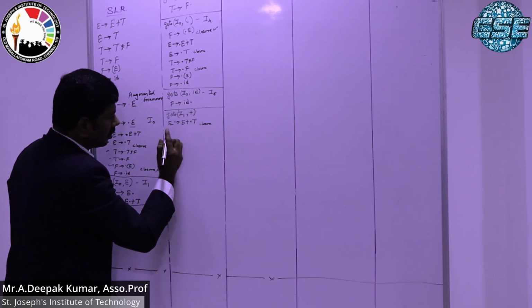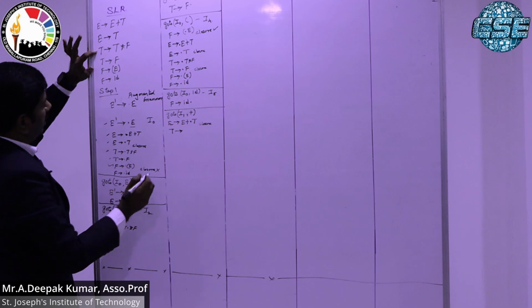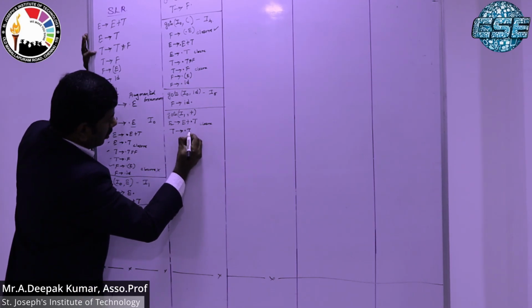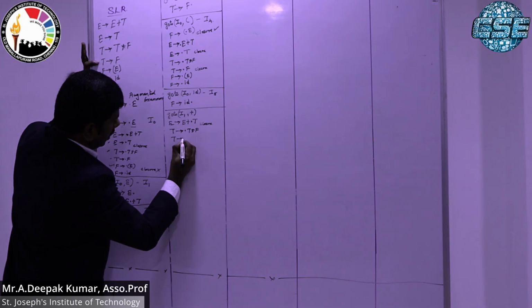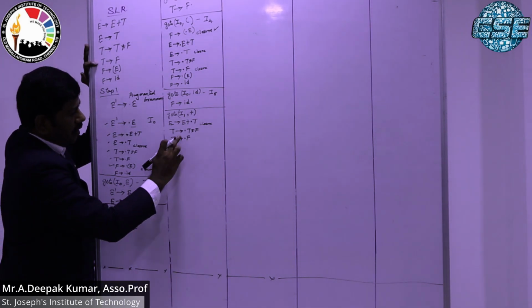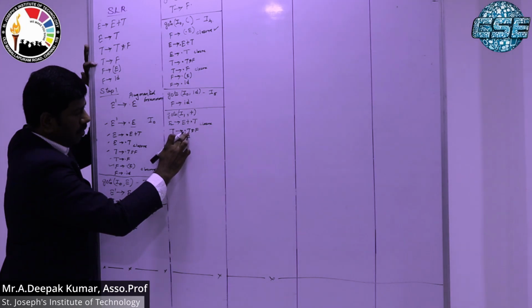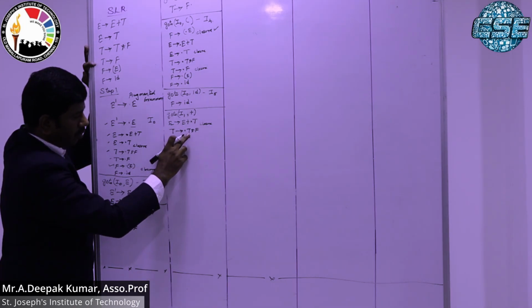Now we have to extend the rule T derives dot T star F, then T derives dot F. After dot we have a non-terminal T that is already taken care of, so I am ignoring the closure property here.